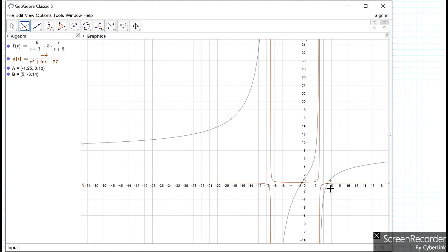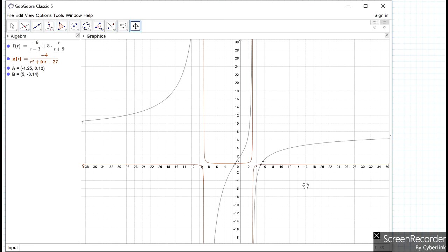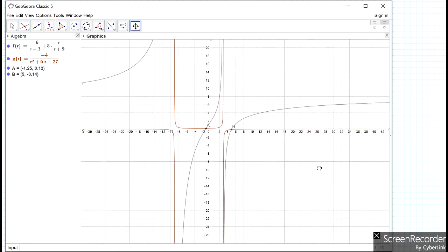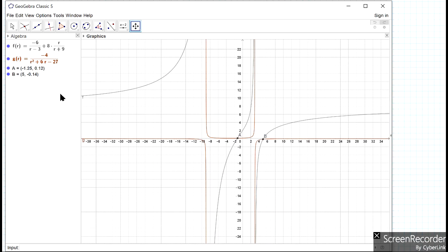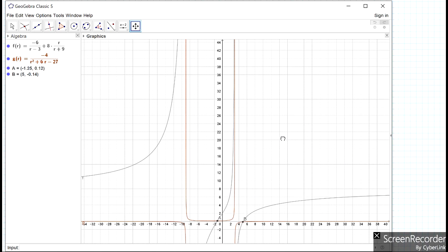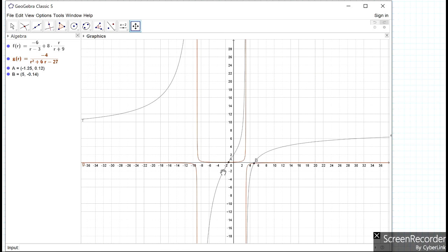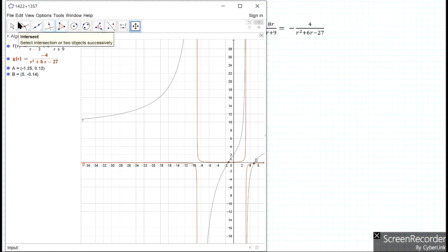Then we will find the other intersection in this case, which is equal to 5, negative 0.14 over here, and we can move around to make sure that we got all the intersections. So it seems like we only have 2 intersections because that's where the branches of the functions are intersecting. And once we do so, we will get to record these 2 intersection points.